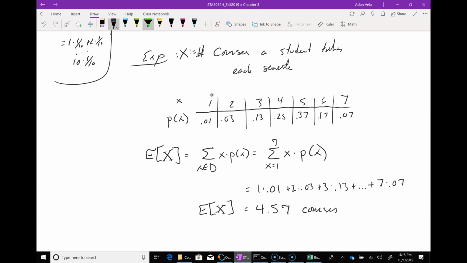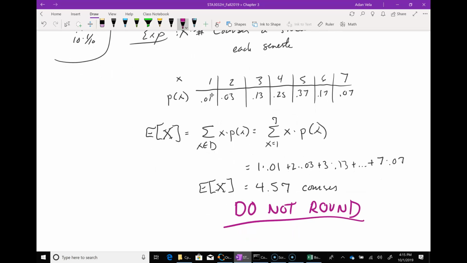Now, before we leave, I just want to make one point. Do not round. When we're asking for the expected value, even though the expected value does not lie within the set of values that we can take on, this is still the correct answer. Don't give me 4, don't give me 5. Anybody who tells you to round is wrong.